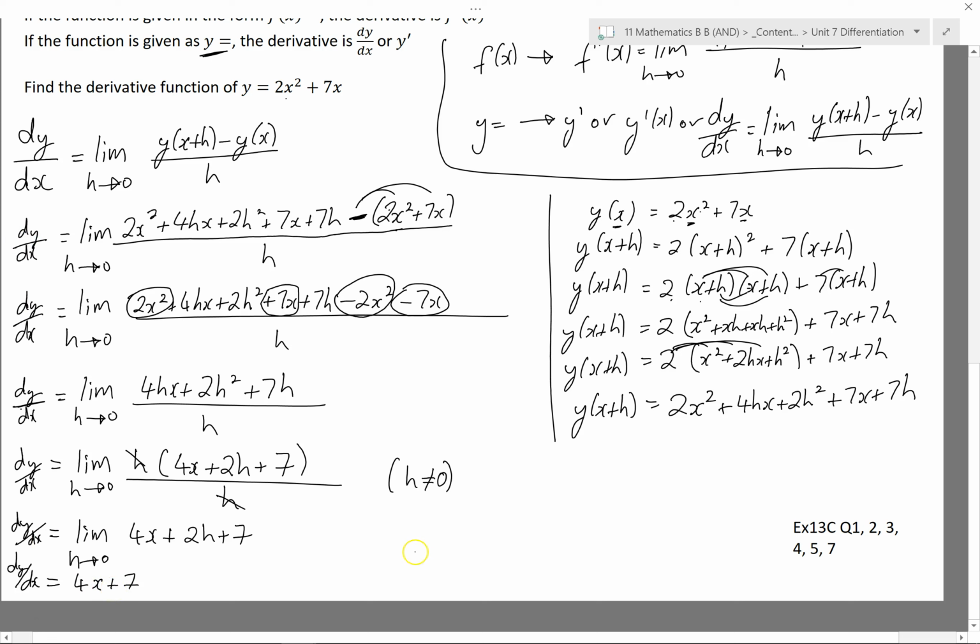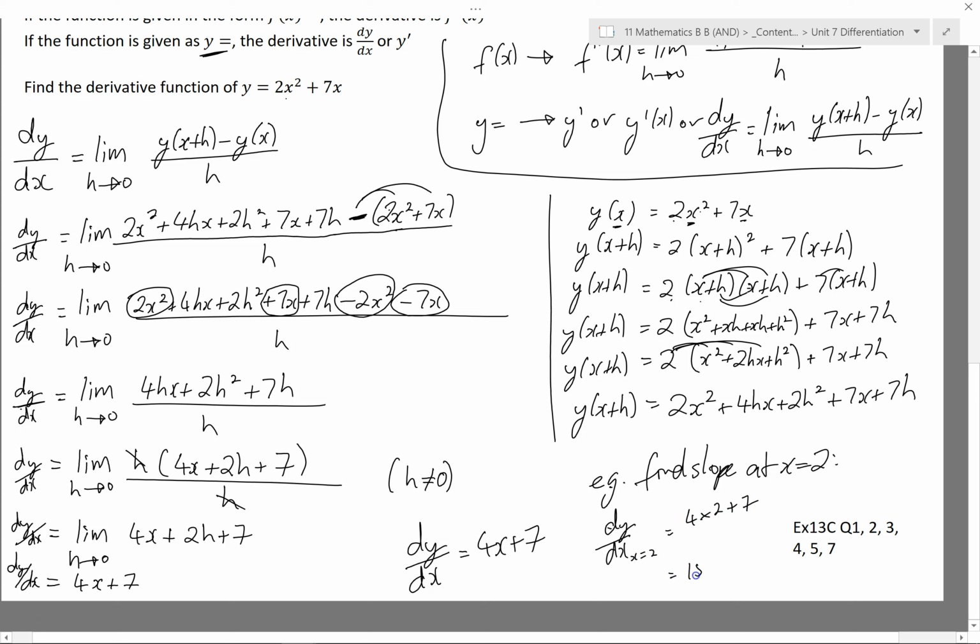So my derivative function, dy dx, is 4x plus 7. And I can use that to find the slope at any point. So if, for example, it says find slope at x equals 2, I'd substitute it in. 4 times 2 plus 7, 15. The slope at x equals 2 is 15.